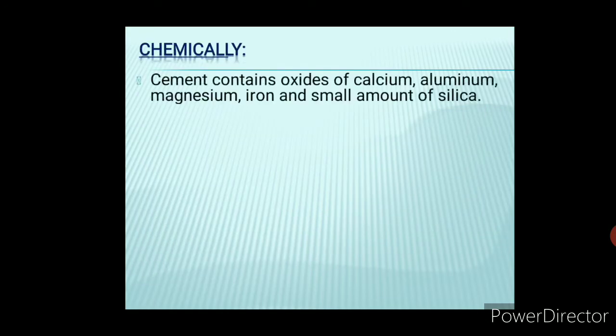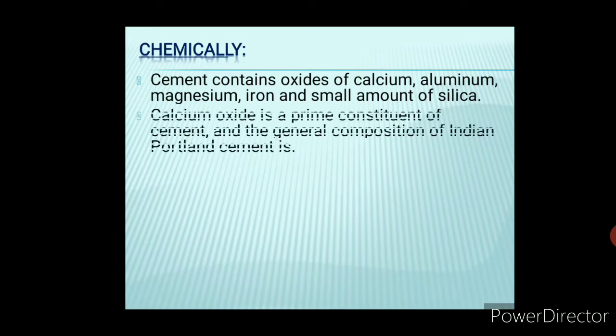Before that, let us chemically know what cement is. Cement is a mixture of oxides of calcium, aluminum, magnesium, iron and a small amount of silica. Calcium oxide is a prime constituent of cement, so its percentage will be more as compared to others, and the general composition of Indian Portland cement is as follows.